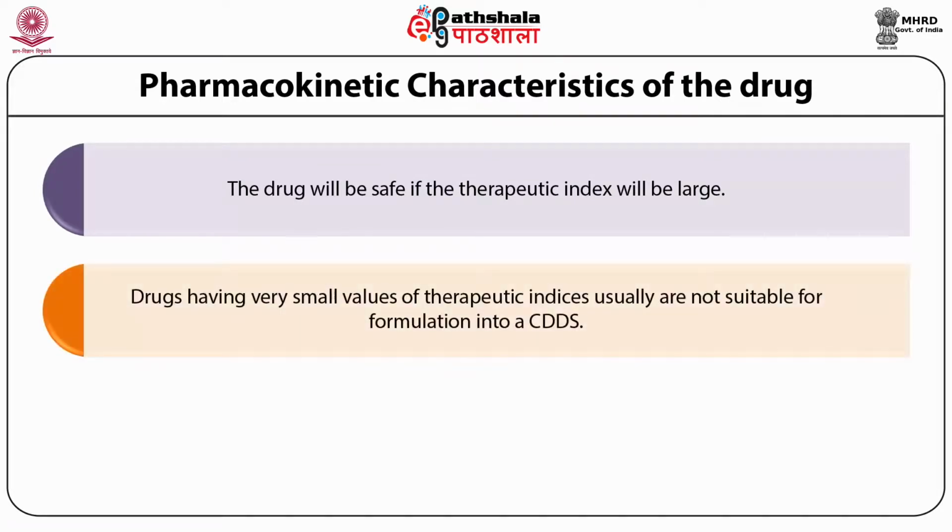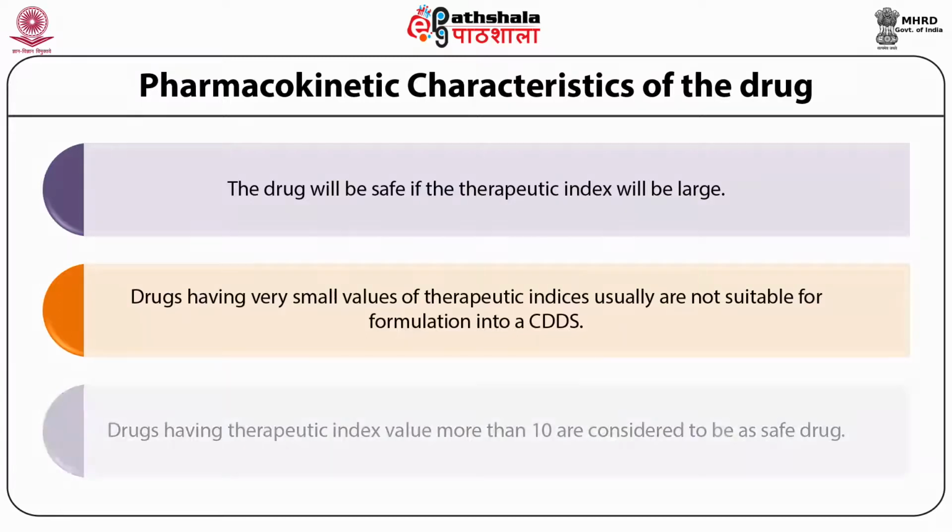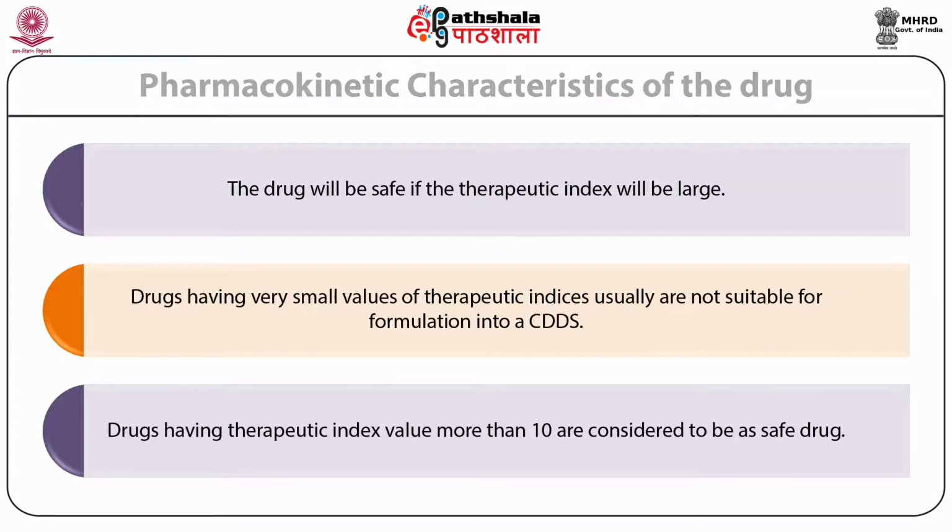Drugs having very small values of therapeutic indices usually are not suitable for formulation into a controlled drug delivery system because of the technological limitations to maintain the release rates. Drugs having therapeutic index value more than 10 are considered to be safe drug moieties.